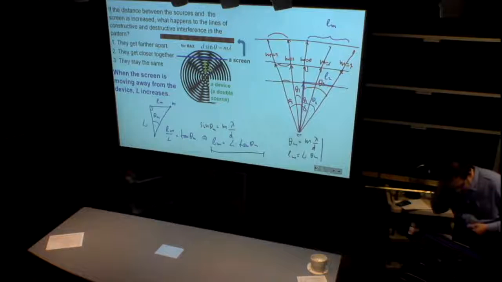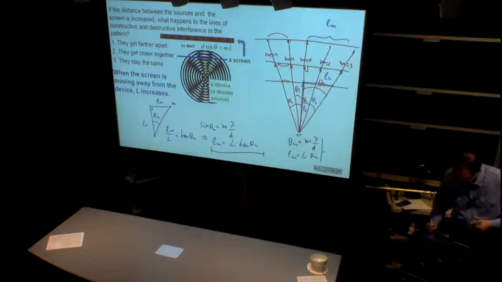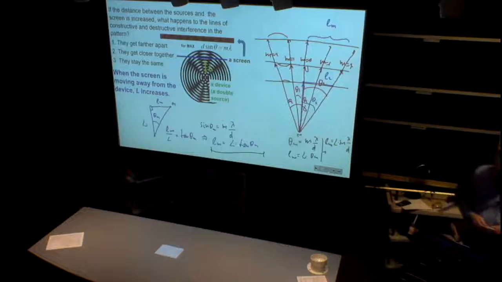Plus, we can immediately relate directly, by eliminating angle theta, that this distance should be equal to length times this number m times the wavelength divided by the distance between the two slits.